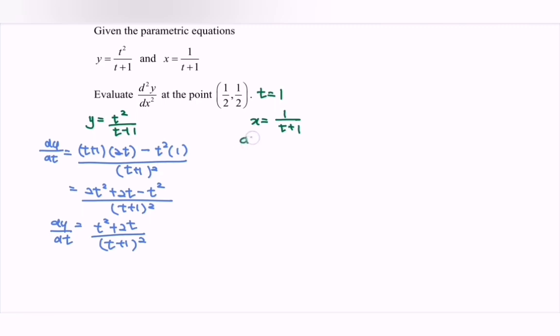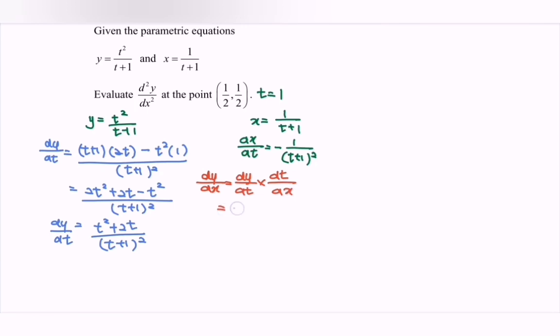Continue. dx/dt equals negative 1 over (t plus 1) squared. Next, find dy/dx, where we have dy/dt multiplied by dt/dx.